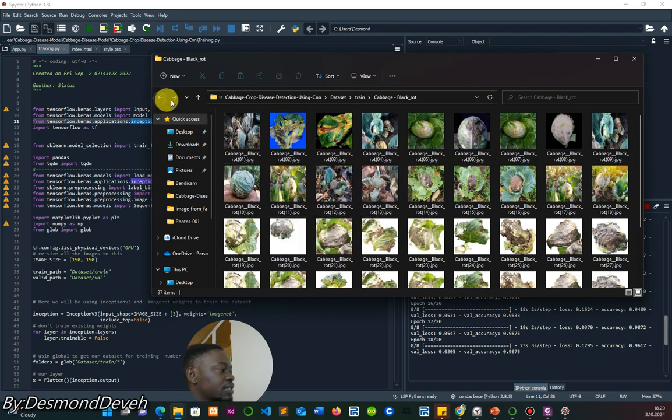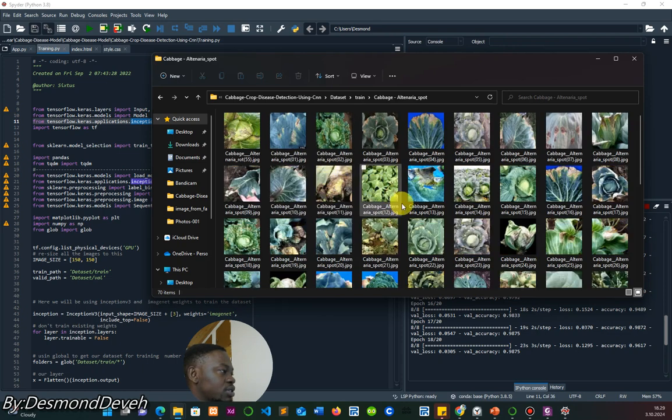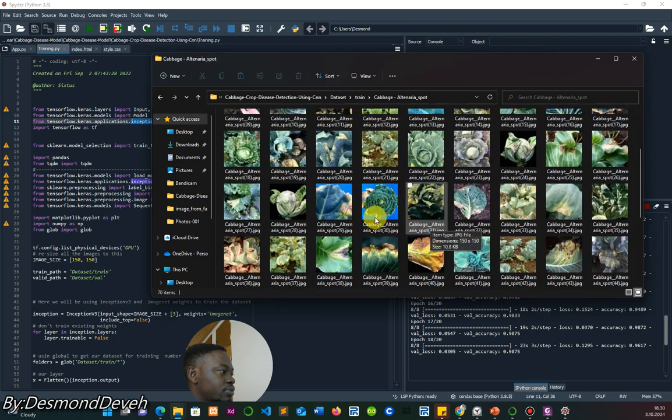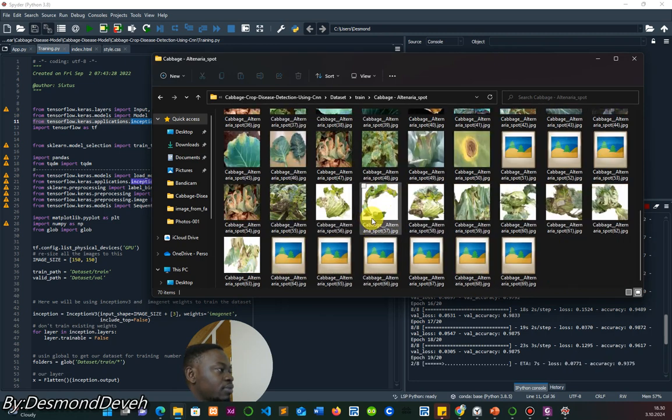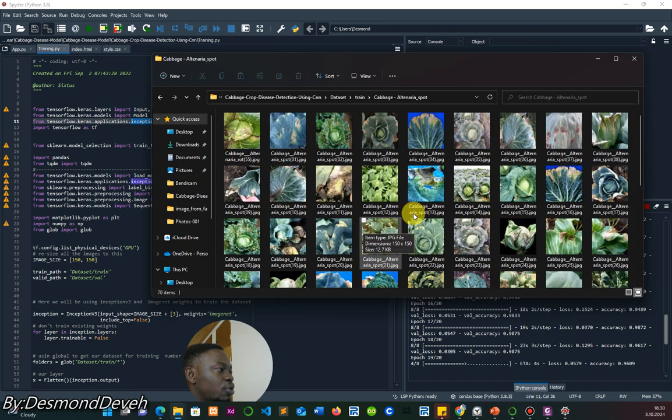Maybe as time goes on, I can increase the data set and also expand the project, because I want to make it a real-time detection project, so that when you deploy it on a mobile phone, it should work in real time.